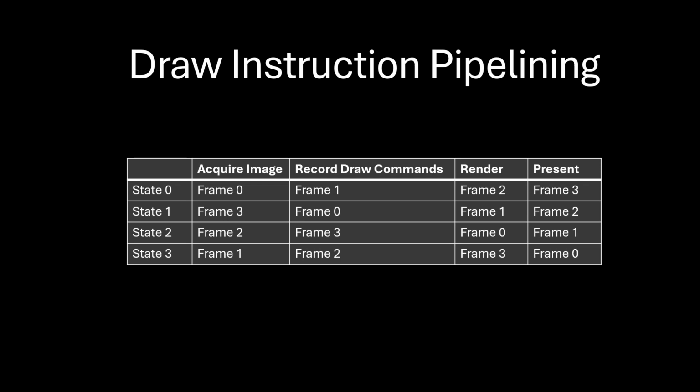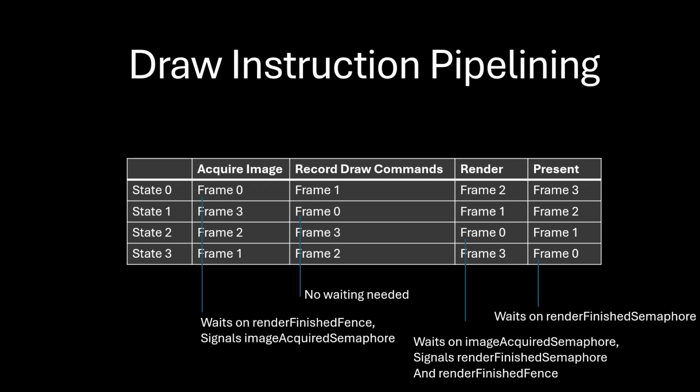In addition to that, as per the previous video, each of these frames have synchronization objects. So, for instance, when we acquire image for frame 0, that will be waiting on the render finished fence of frame 0. And when that operation is complete, that will signal the image acquired semaphore.